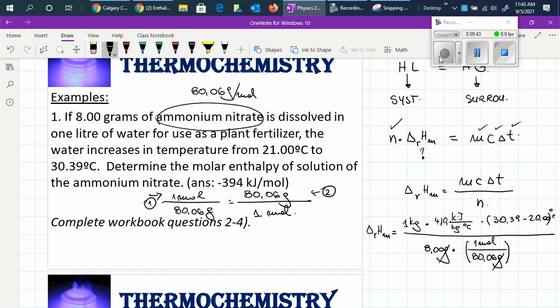So grams and grams will cancel out, kilograms and kilograms will cancel out, degrees Celsius and degrees Celsius will cancel out. So the result will be in kilojoules per mole, and this is what we were expecting because we are finding the molar enthalpy of the solution.